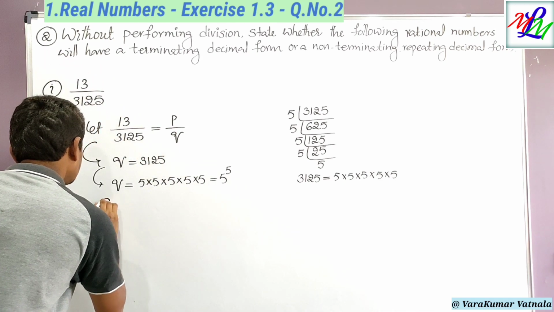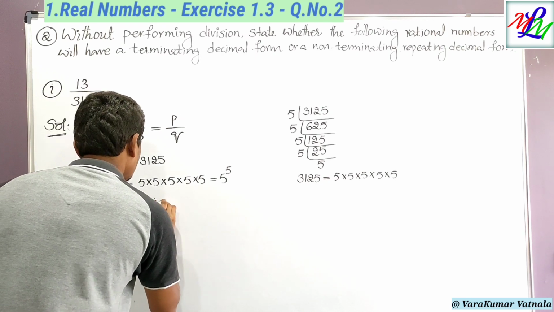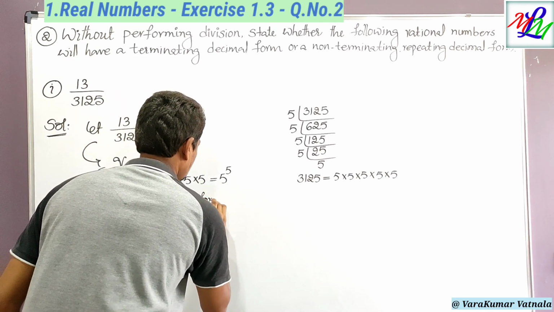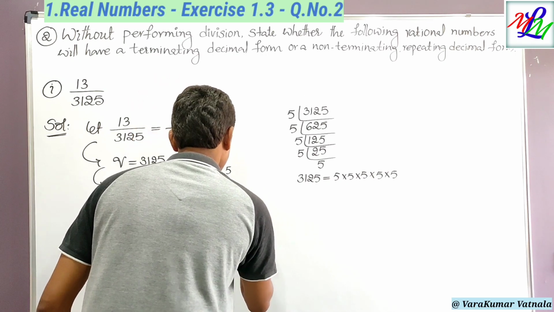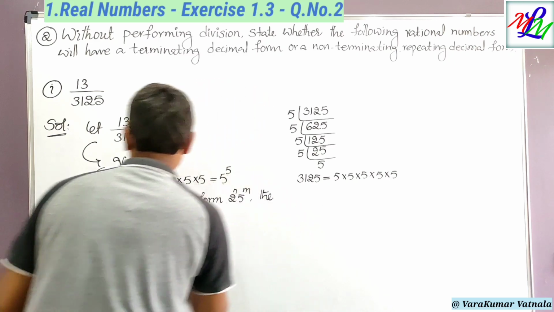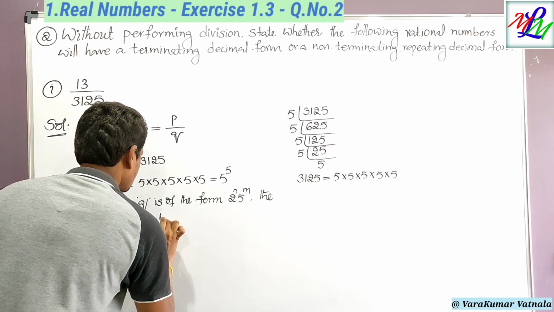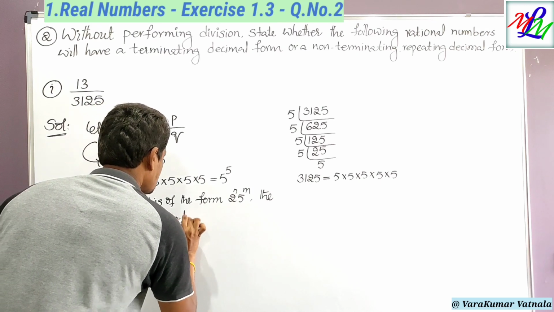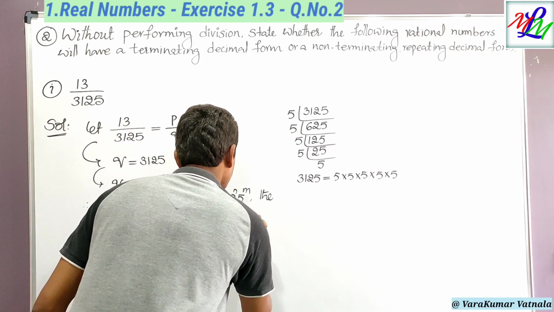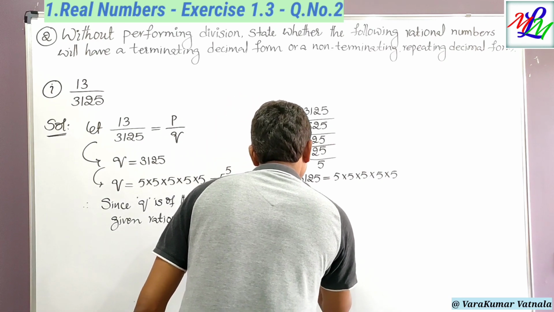Since q is of the form 2 to the power n into 5 to the power m, the given rational number will have a terminating decimal form.